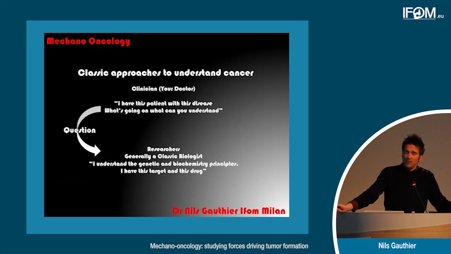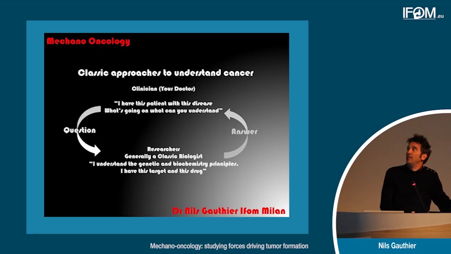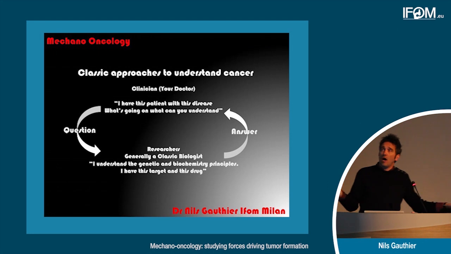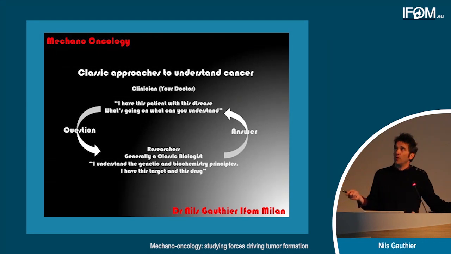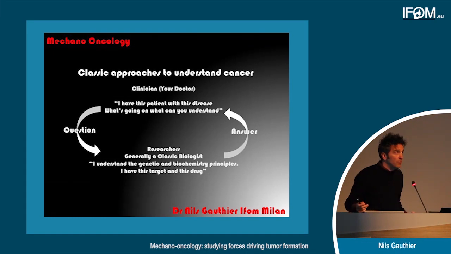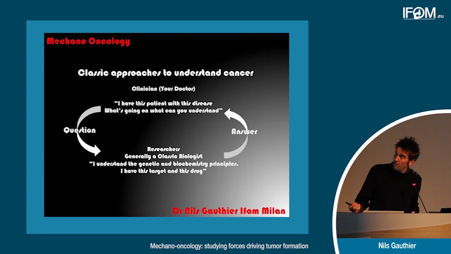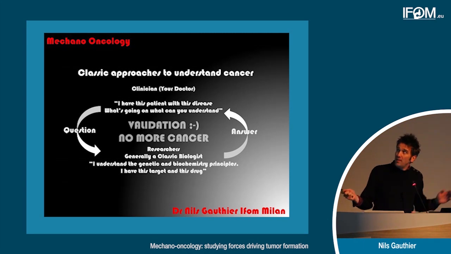And then they can try drugs, first experimentally, and that's the feedback that you get to the doctor. Then you have an answer: I have this, and I have this drug. Let's try. And then if you are winning the game, and that happens unfortunately not so often in cancer, you have a validation, then you have no more cancer. You have a drug that can kill this cancer.